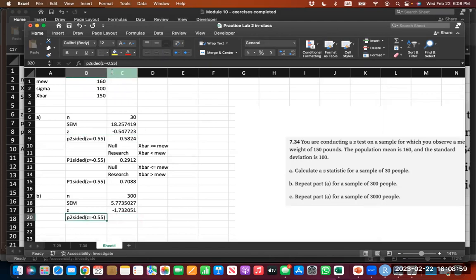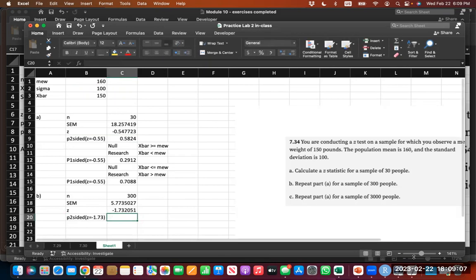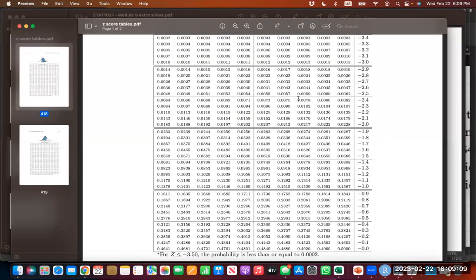So our P two-sided is now for minus 1.73, and this is like the example, with pretty much the same value, minus 1.73.